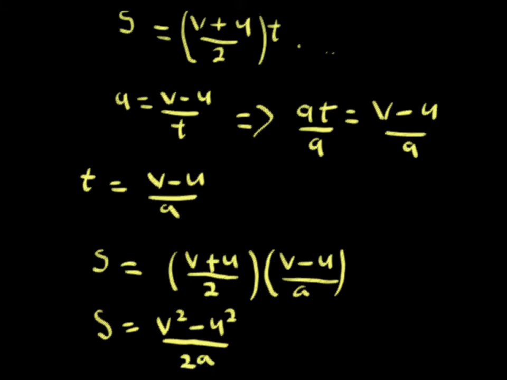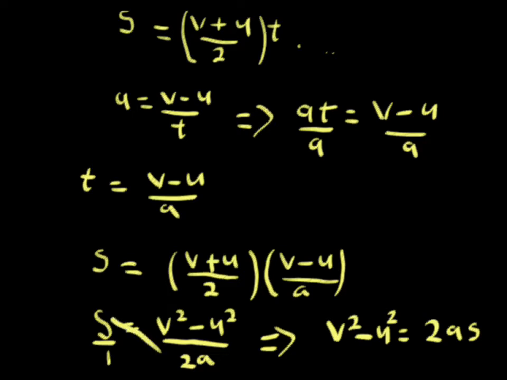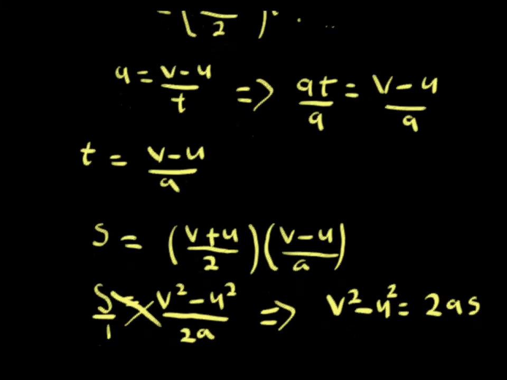So if we cross multiply, we're going to have v square minus u square giving us 2as. What happens is we cross multiplied here, right? v square minus u square equals 2as.